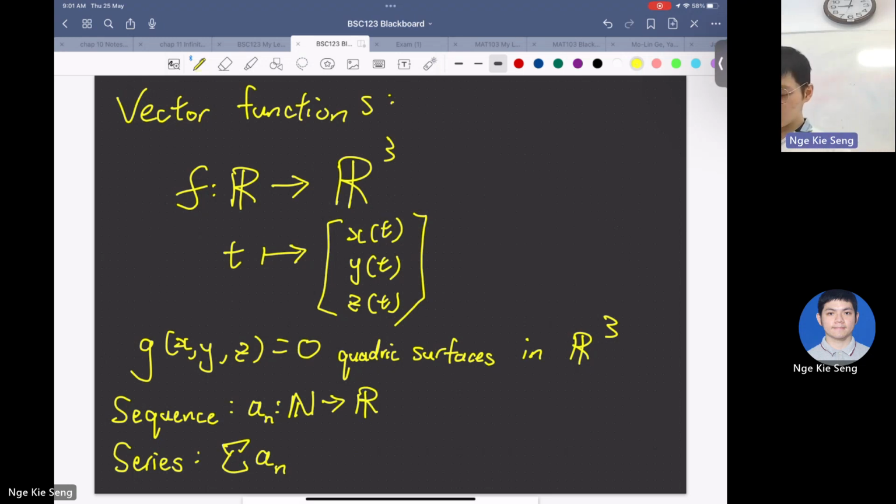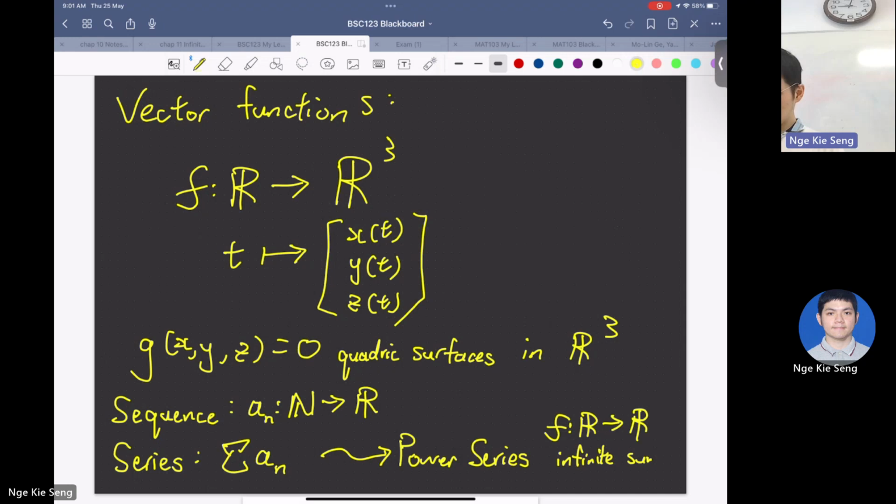So what we're really interested in is actually the power series, because we write our function from R to R to be an infinite sum of scalar multiples of powers of x, x to the power n.